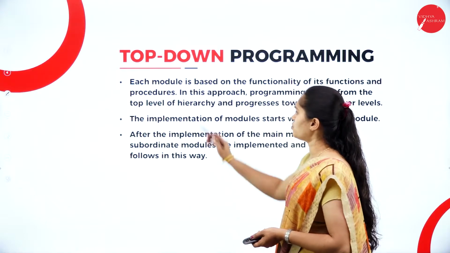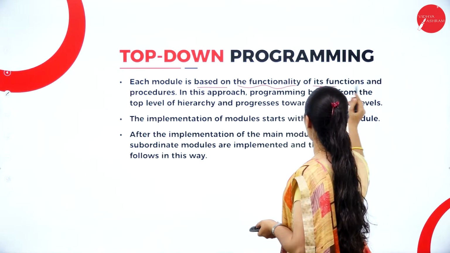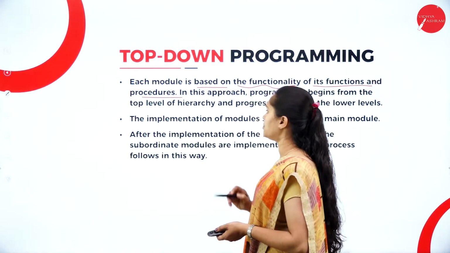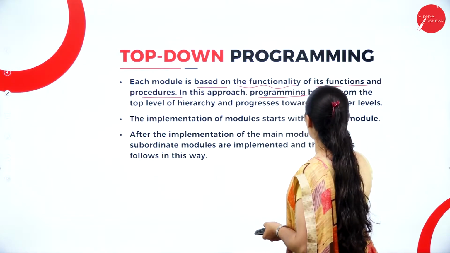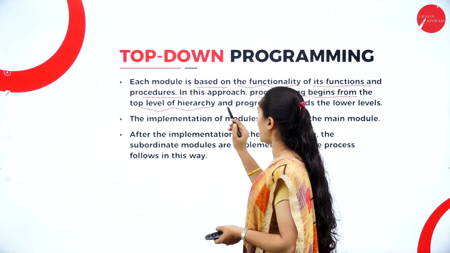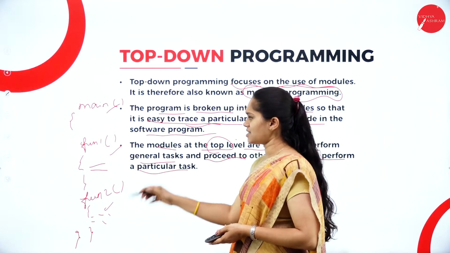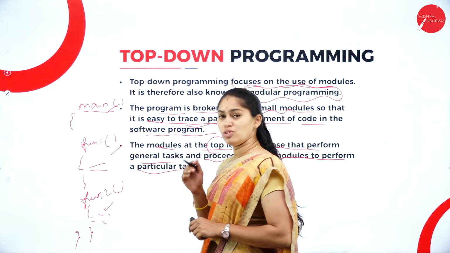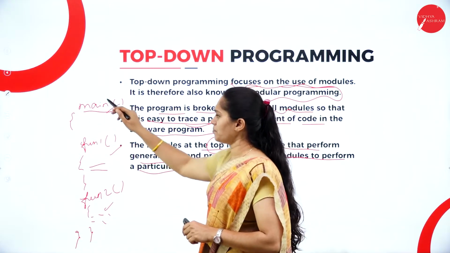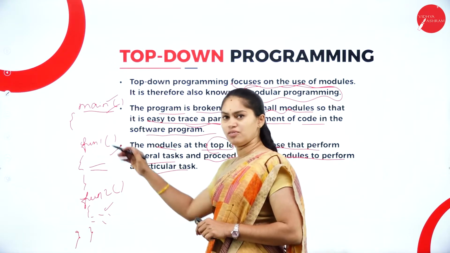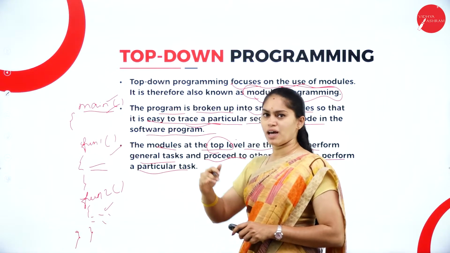Also, each module is based on the functionality of its functions and procedures. The programming begins from the top level hierarchy and progresses towards the lower levels. So if you see this example, execution will start from the top level and go to the further levels, that is in the top-down approach.